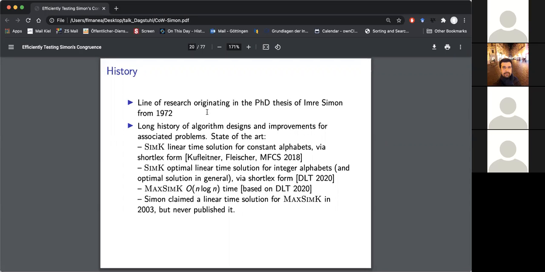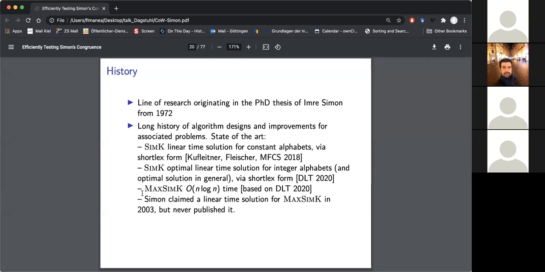However, max SimK, even with these two results, could only be solved in n log n, because essentially what we were able to do is, once we know how to solve SimK, then we can binary search for the value of K. So what's the biggest K for which two words are Simon K congruent?